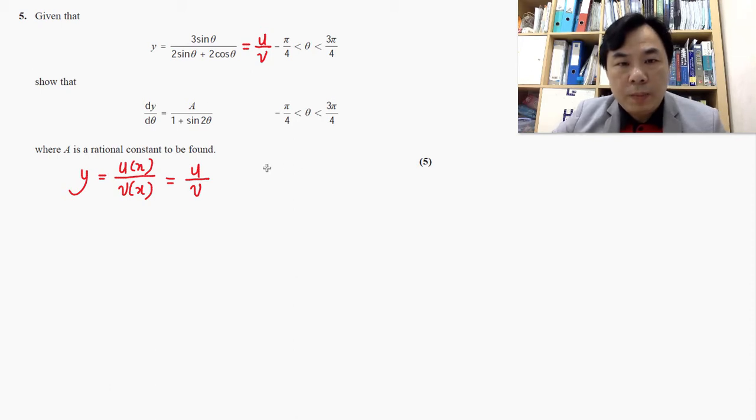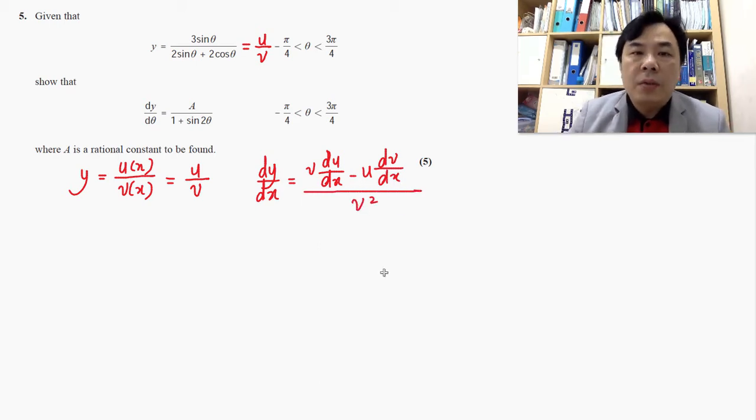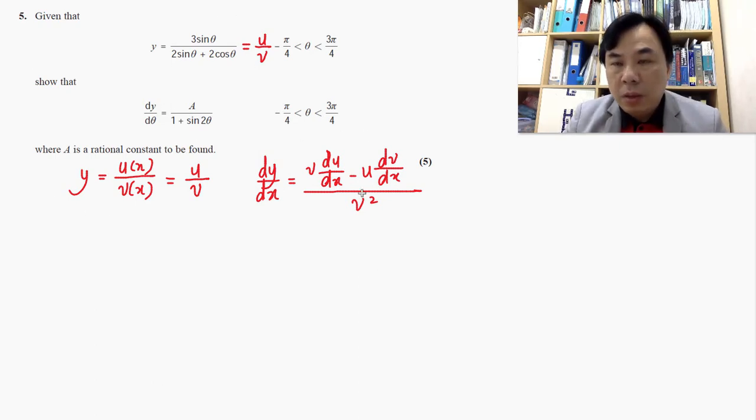The first derivative for the quotient rule, dy/dx, is given by v du/dx minus u dv/dx, divided by v squared. This is the formal formula that you can get from the data booklet.